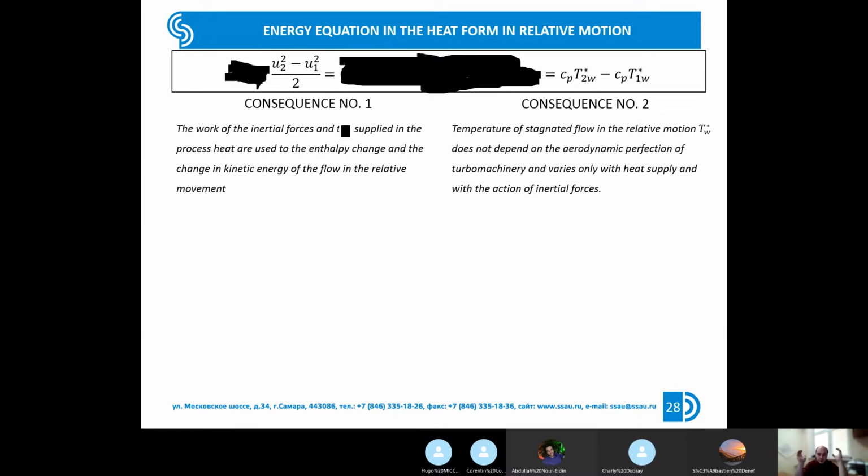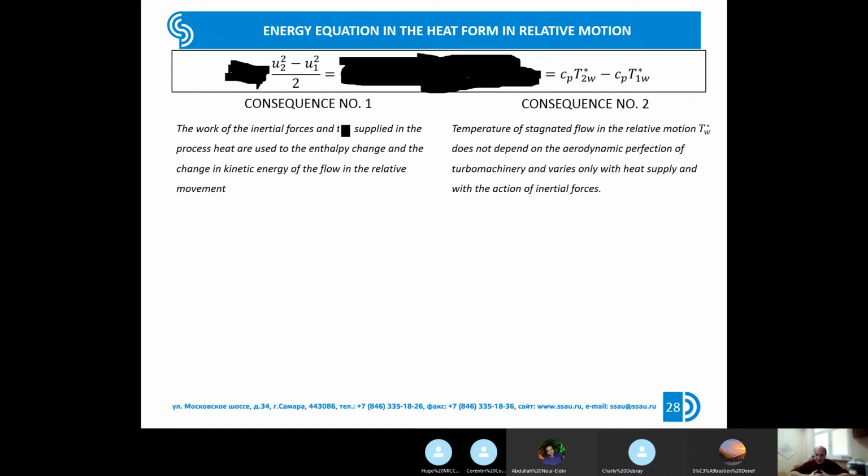In other words, if in the turbomachinery you do not change the diameter, it means you do not change the circumferential velocity, which means T_w* will be constant.